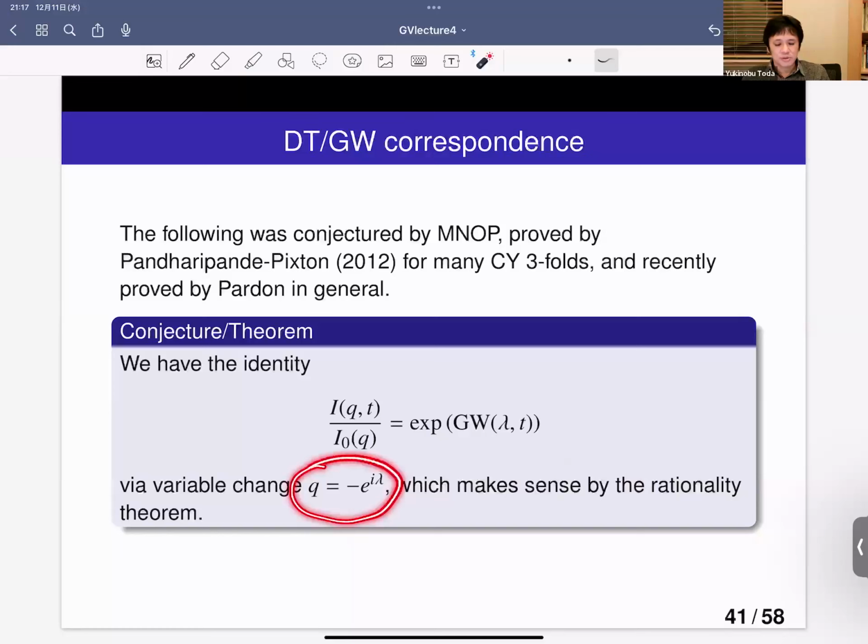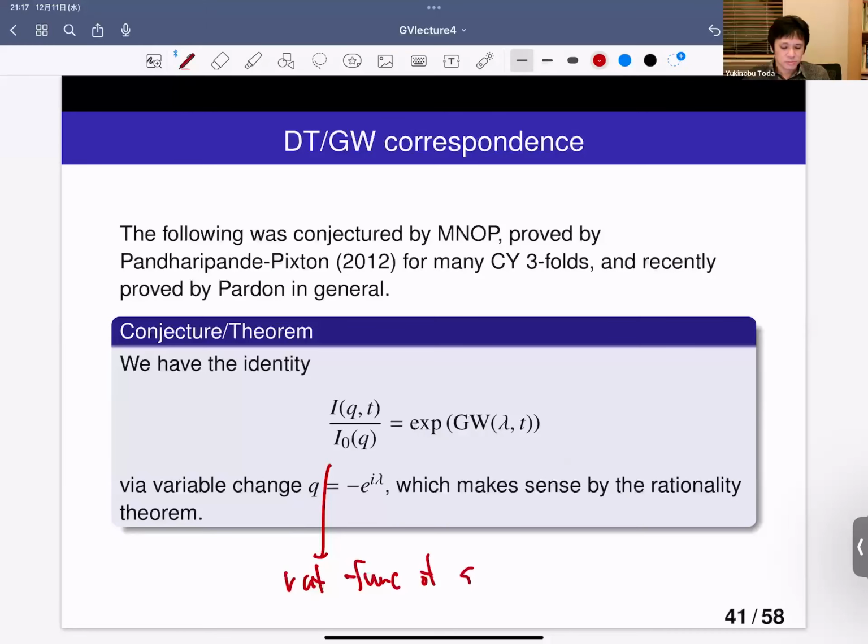And this variable change makes sense because we know that the left-hand side is a rational function of q. So the meaning of this equality is that the left-hand side is known to be a rational function, so we can regard it as a function over the q plane.